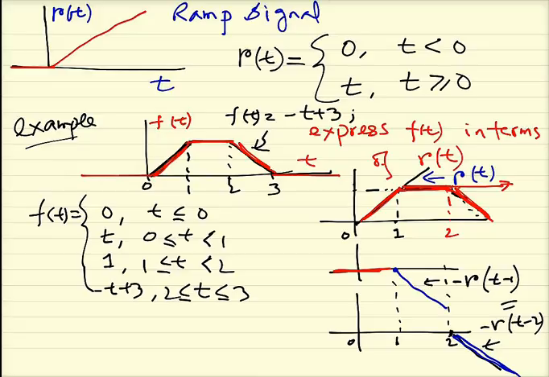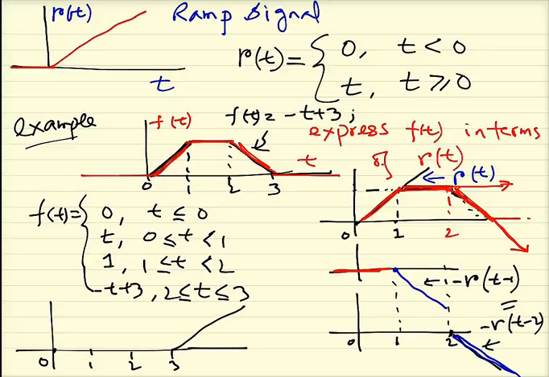Now again you have a problem: if you don't add anything, it will go all the way this way. To control that part, you have 0, 1, 2, 3. After 3 you should add a ramp signal, this one.